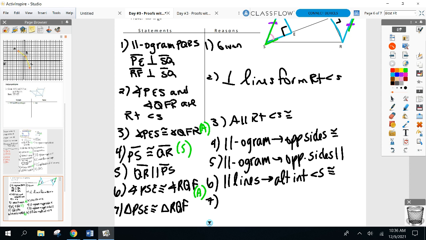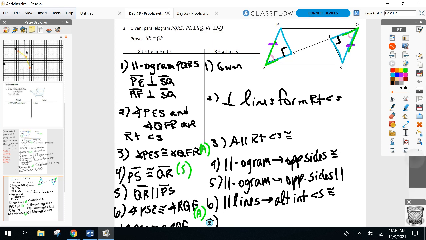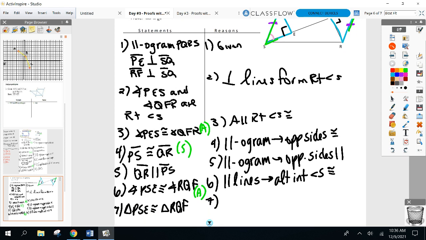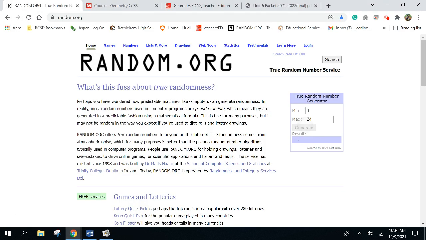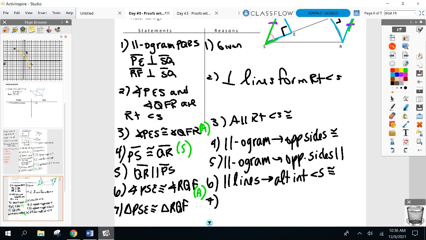Let's not yell it out. I got two angles and a side. Could be one of two methods. Which one, though? 11? Don't have one. 15? Which method am I looking at here? Yes, thank you. The side is not in between. Great job.